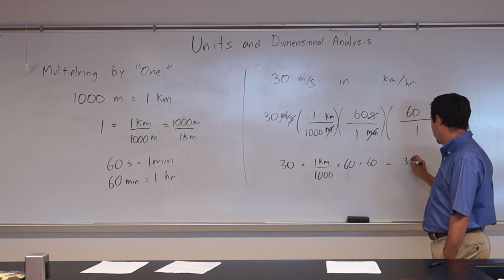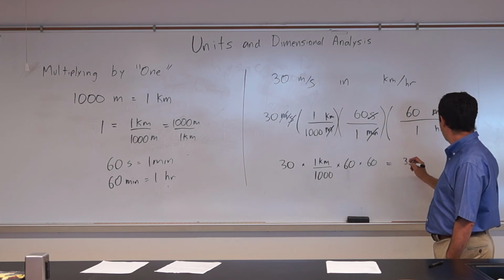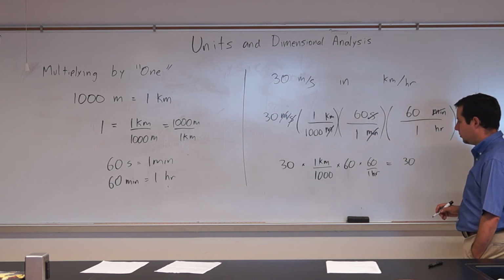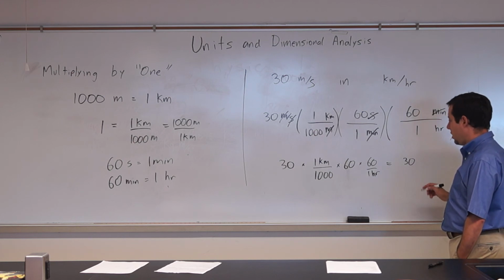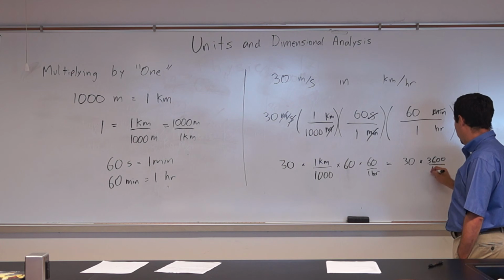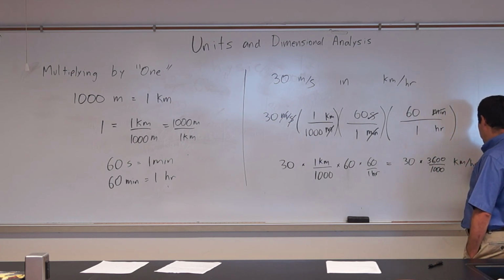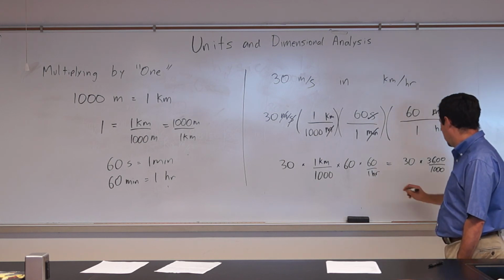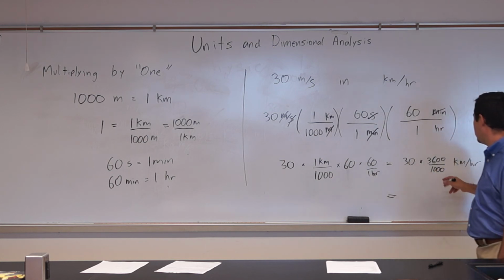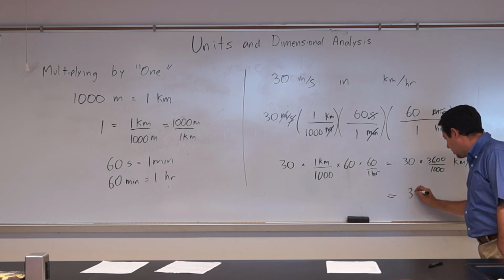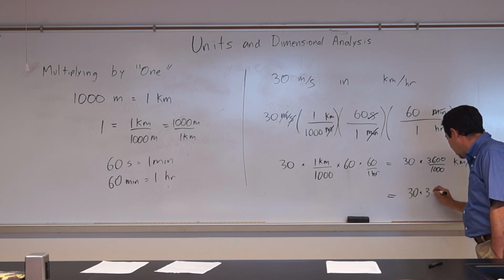So you end up getting 30 divided by 1 hour. So you end up getting 30 times 3,600 divided by 1,000 kilometers per hour. 1,000 into 3,600 is just 30 times 3.6.